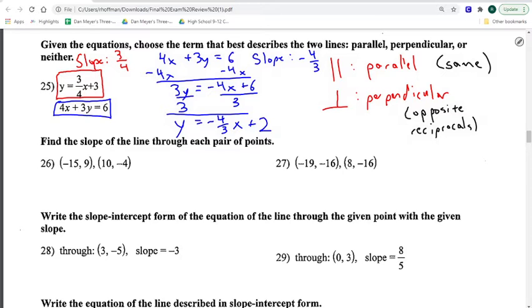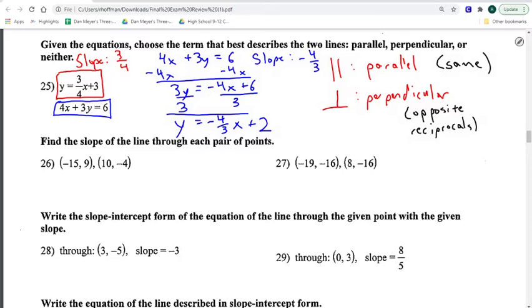And based on these two slopes, since my original slope was 3/4 for the red line, I'm looking for the blue line. If we're parallel, then I'm looking for it to match. I'm looking for it to also be 3/4. If I want it to be perpendicular, I want it to be the opposite reciprocal of 3/4.